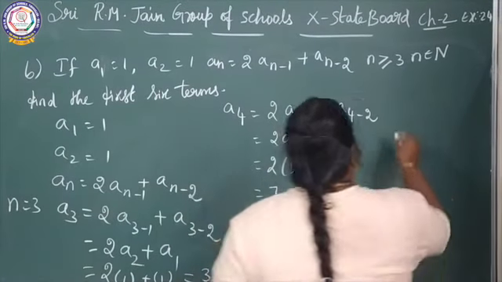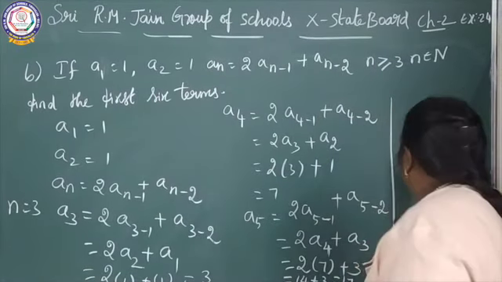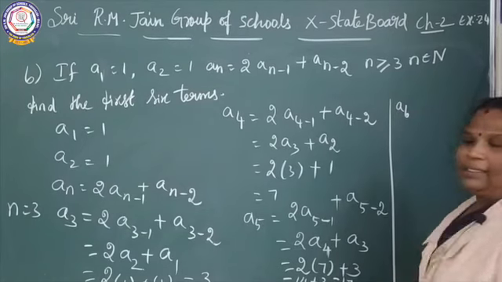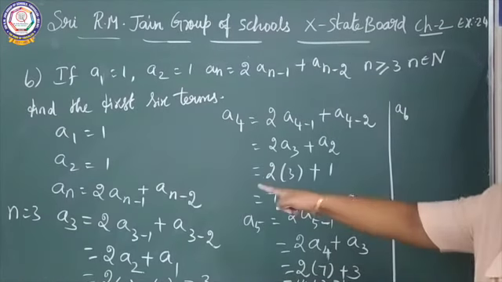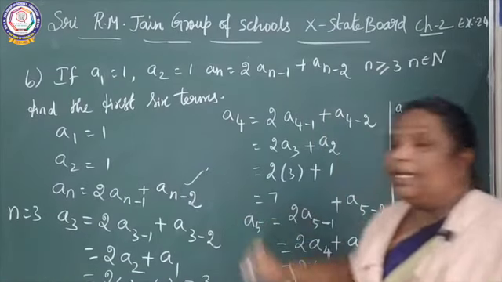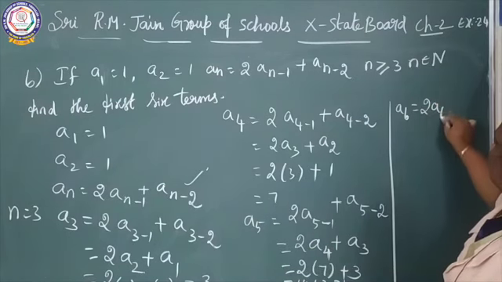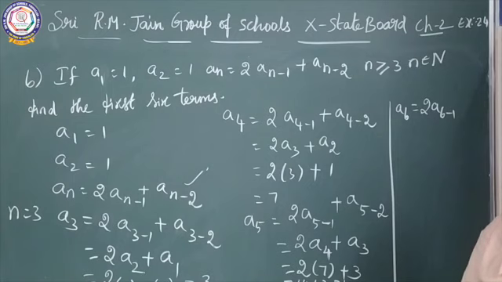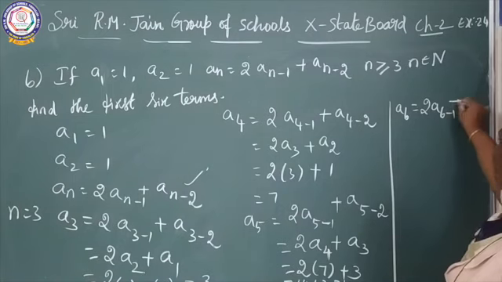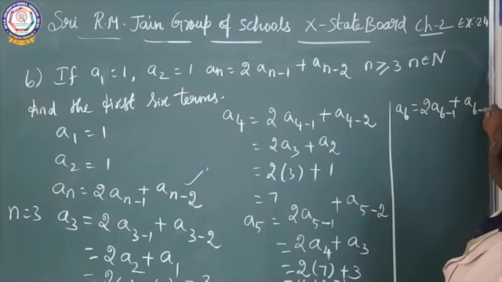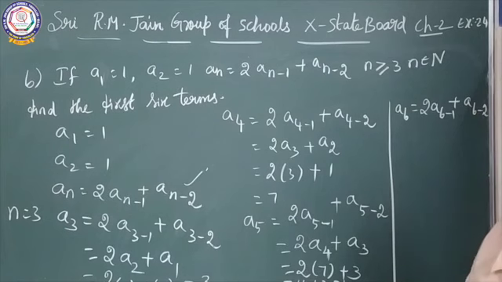Next, you should find out A6. The same thing you can substitute in this equation. A6 equal to 2A6 minus 1 plus A6 minus 2.